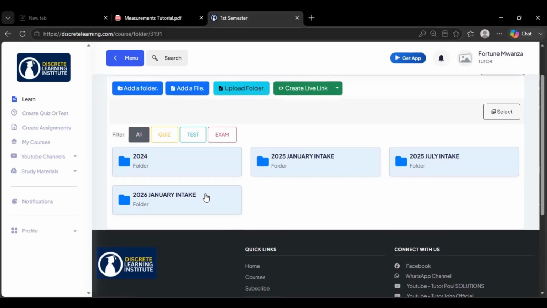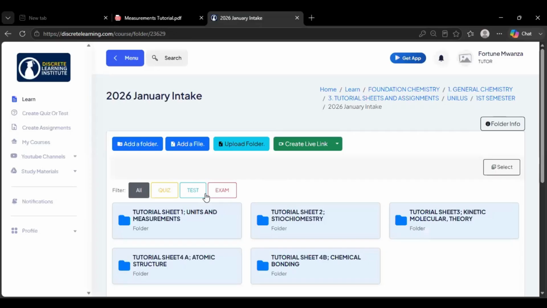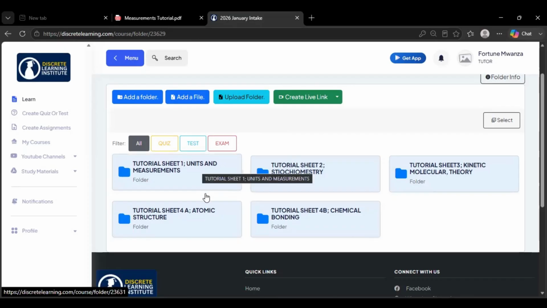Now these are the folders for the other semesters that we had. For last semester, you can see this is the January intake. You can see all the tutorial sheets which these guys had, and the solutions are there, starting from the first one, which is units and measurements.